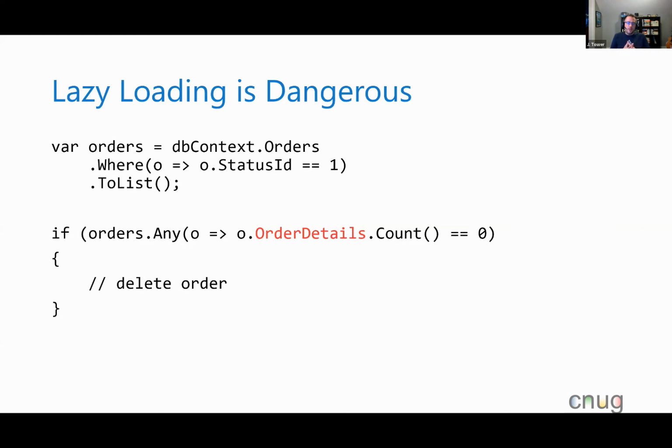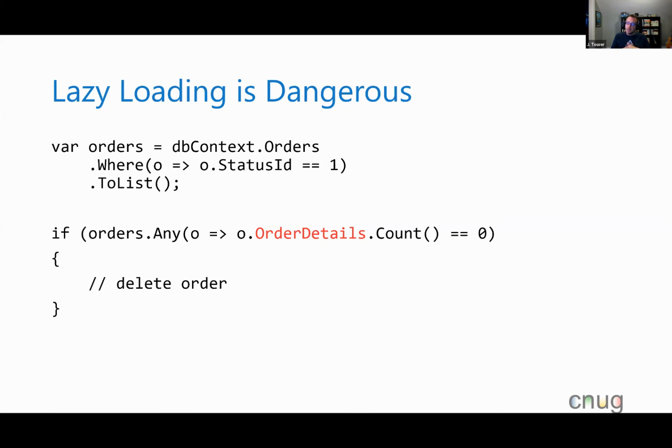Let's say, for example, that I'm processing these orders with a status of 1, and if there's any that don't have order details, those are junk and I just want to ignore them, or maybe I want to delete them or something. What I may not realize is that if I just pulled back 100 orders, I'm about to go issue 100 queries to my database as I do that orders.Any.